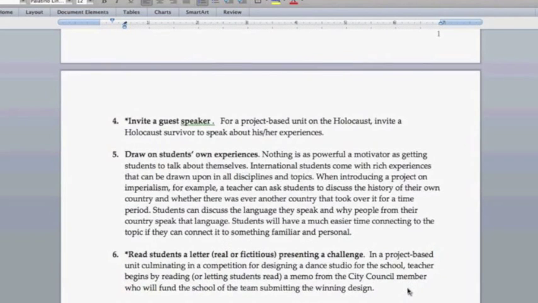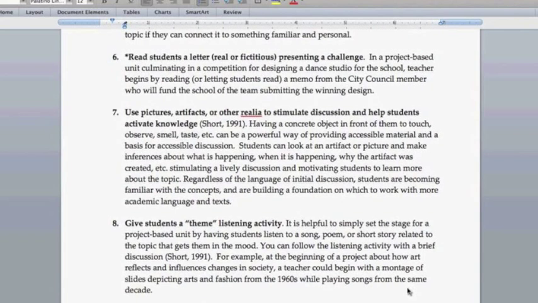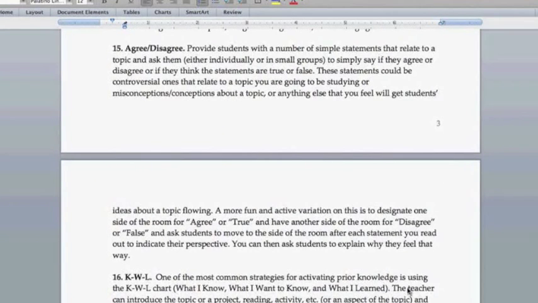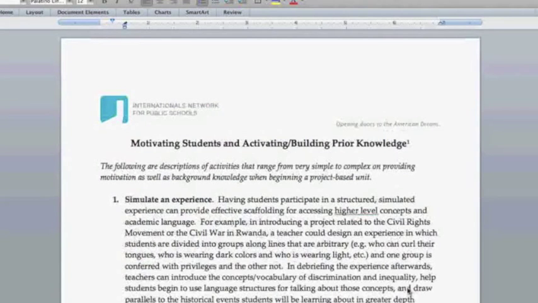You can see lots of different examples and then delve more deeply into what those mean. There are at least 16 different examples of motivating activities and some references. So feel free to look through that when you have a little bit more time.